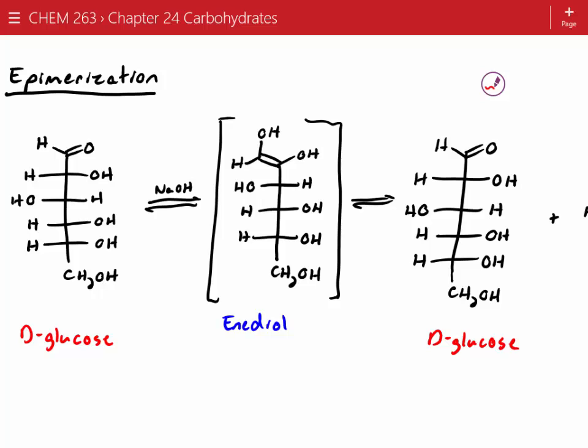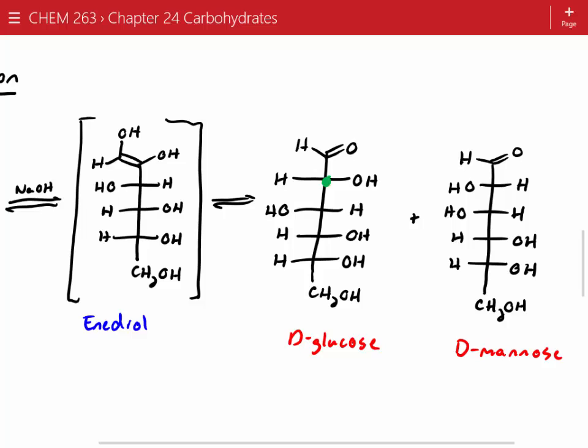So the problem is if you take D-glucose and you throw it in a basic solution, you'll actually scramble the stereocenter at this top carbon, and you'll lose the stereochemical control you had there and actually form two different sugars. So if you actually look at the early history of sugar chemistry, they had no idea what these sugars were, and when they would react them with sodium hydroxide, they'd form two new sugars, and they could tell that by melting point. And so this was how they actually elucidated all of the different structures of sugars that were on those family trees that I showed you.